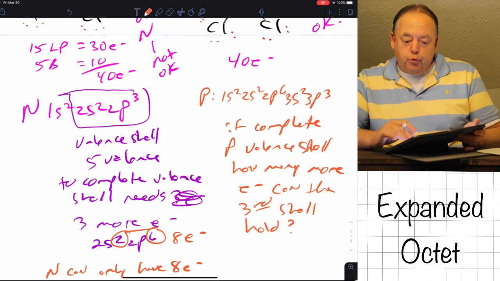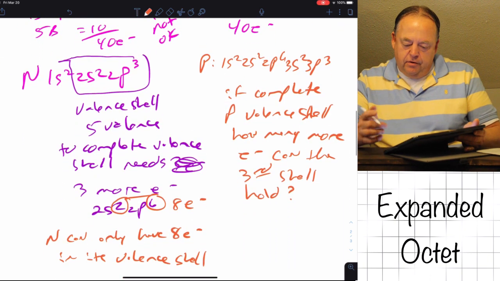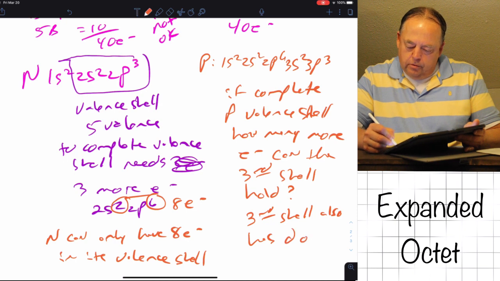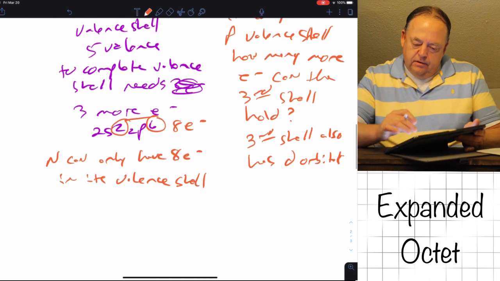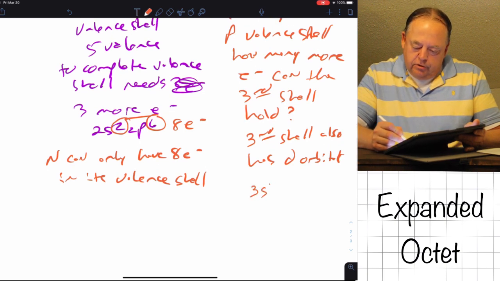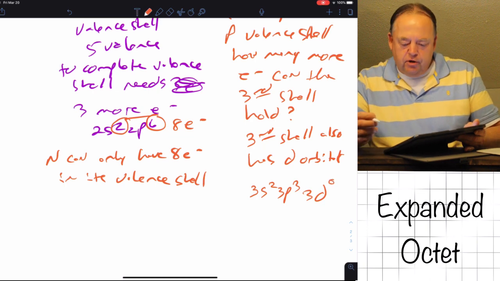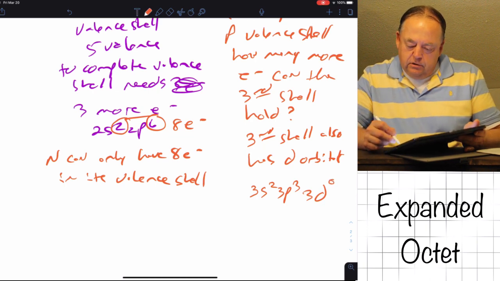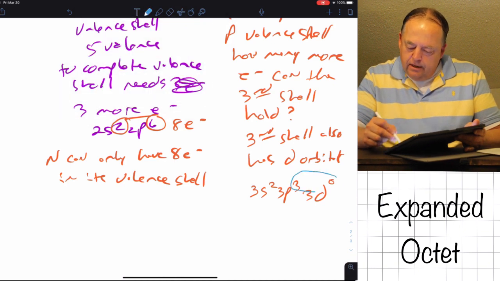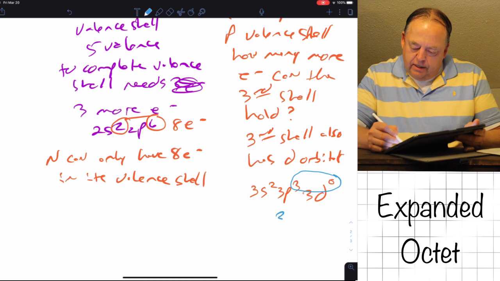And the answer is not 3 like nitrogen, because if you remember, the third shell also has d orbitals. So phosphorus's valence shell is 3s2, 3p3, but it also has 3d orbitals which have 0 electrons in them. So if you finish phosphorus's valence shell, it could hold 3 more electrons here and 10 more electrons here.